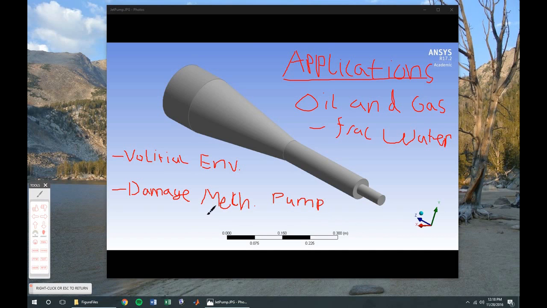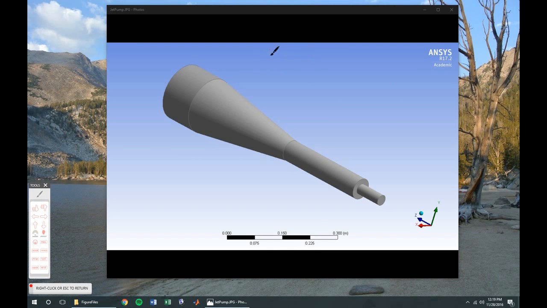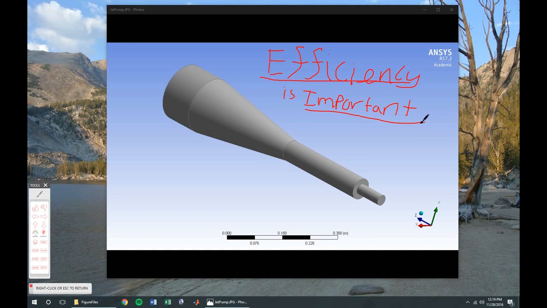The efficiency of these pumps is really important, because the basic idea is to get as much fluid flow through the pump as easily as possible. So I chose to focus on looking at different geometries of the jet pump and seeing how that affected the efficiency of the pump.